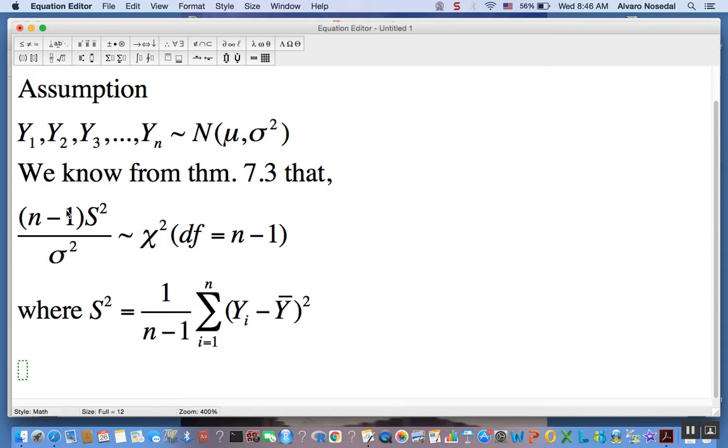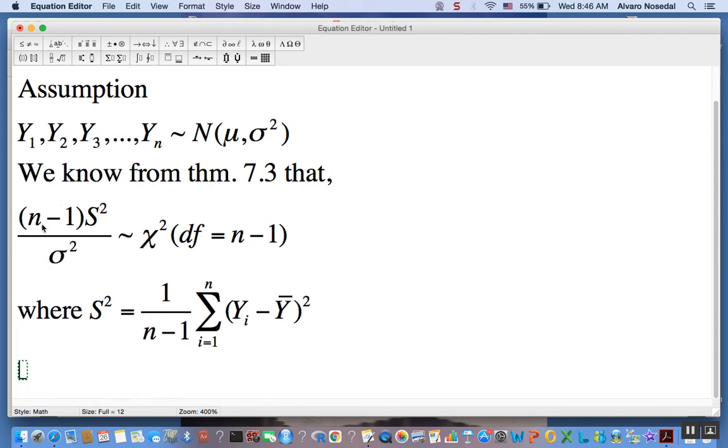Okay, so now let me make an observation here. Let me point something out. Note that this quantity, n minus 1 times s squared divided by sigma squared, is a function where the only unknown is sigma squared, right? N is the sample size, so we know it. S squared, from our sample, we can compute that guy, right?